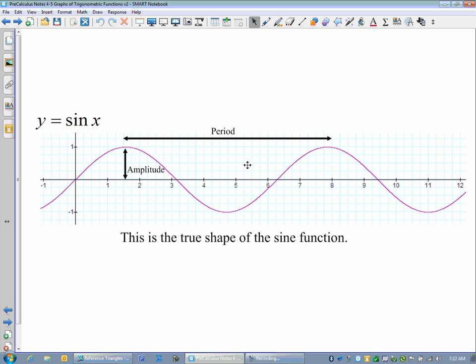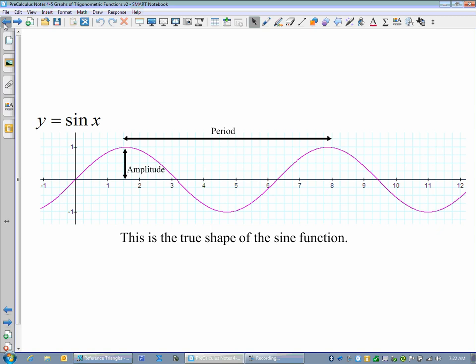Now, the period that we talked about, the left endpoint to the right endpoint, can really be any point on the graph to its corresponding point in the next cycle. That distance is the period. And the amplitude is the distance from the center to the top, or from the center to the bottom would be the same number. It's half of that range. And you can see here the true shape from the period to the amplitude has a ratio of 2 pi to 1, or tau to 1 if you like using that notation.